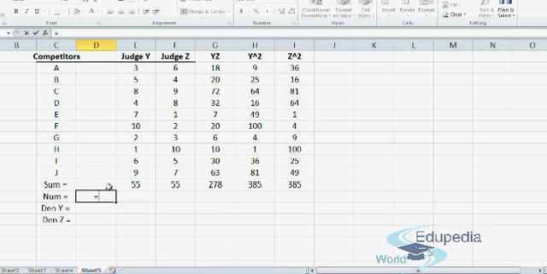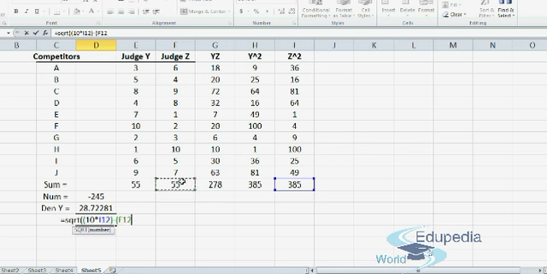Okay, so the numerator value is n, which is 10, multiplied by summation y into z minus summation y into summation z, and then the denominator for y would be the square root of n multiplied by summation y squared minus summation y, the whole squared. And the denominator for z will again be the square root of n multiplied by summation z squared minus summation z raised to power 2.